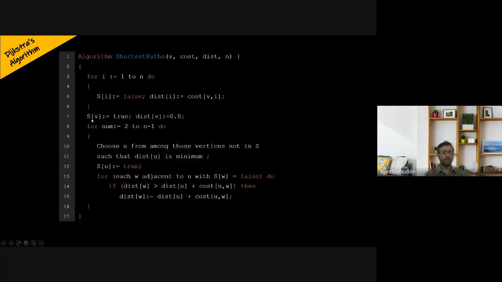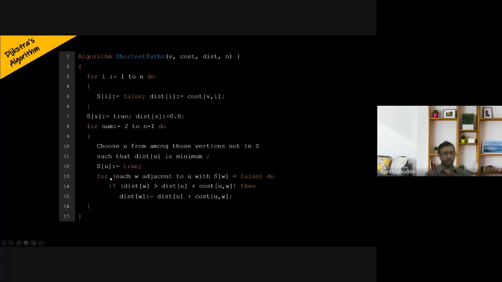Then we make vertex V in array S true and the distance of vertex V as 0. Then from the next vertex, we don't consider the start vertex, to n minus 1 vertices, we choose a vertex U which has minimum distance and which is not true in S, and make that true.